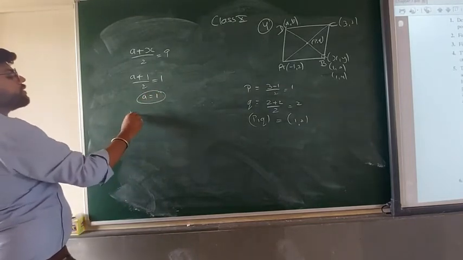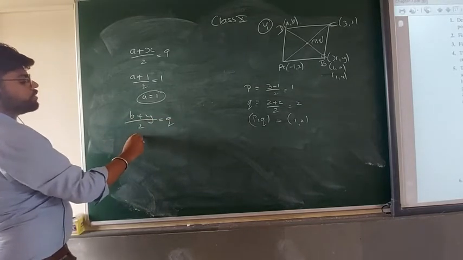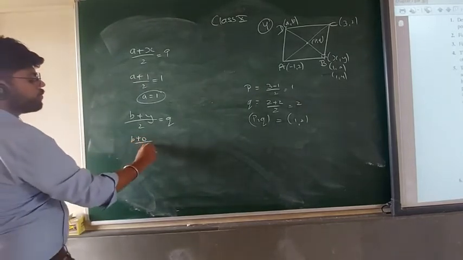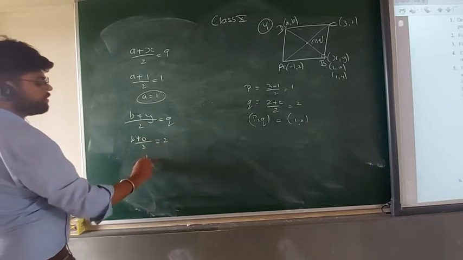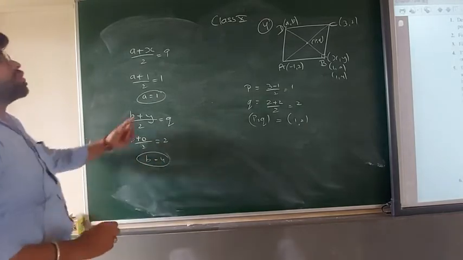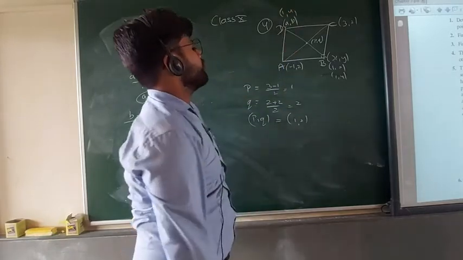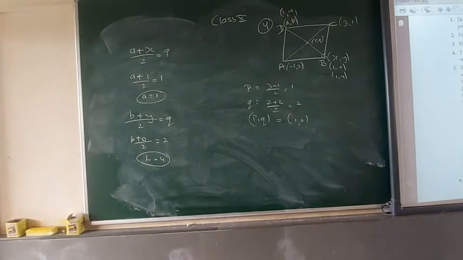And b also we have to find: (b plus y) upon 2 is equals to q. So b plus y value is what? 0 upon 2 is equals to q, which is 2. 2 twos are 4, then the b value is 4, means (1, 4) this also. (a, b) is what? (1, 4). So finally the points are (1, 0) or (1, 4). So these are the coordinates of question number 4, the remaining coordinates of the square.